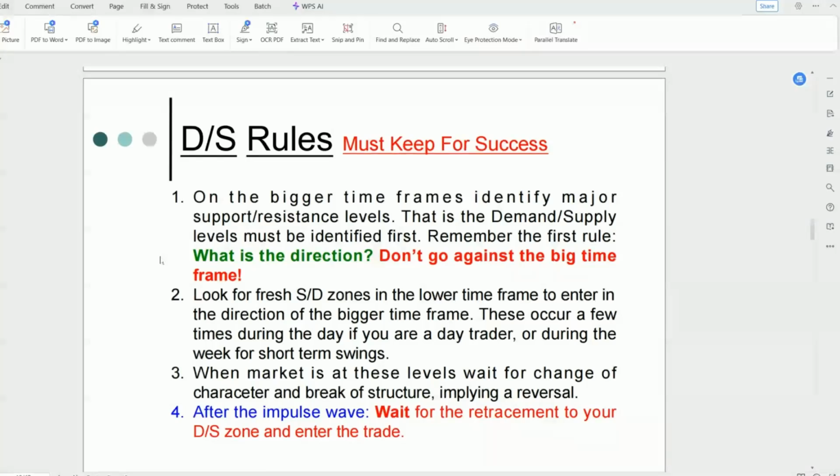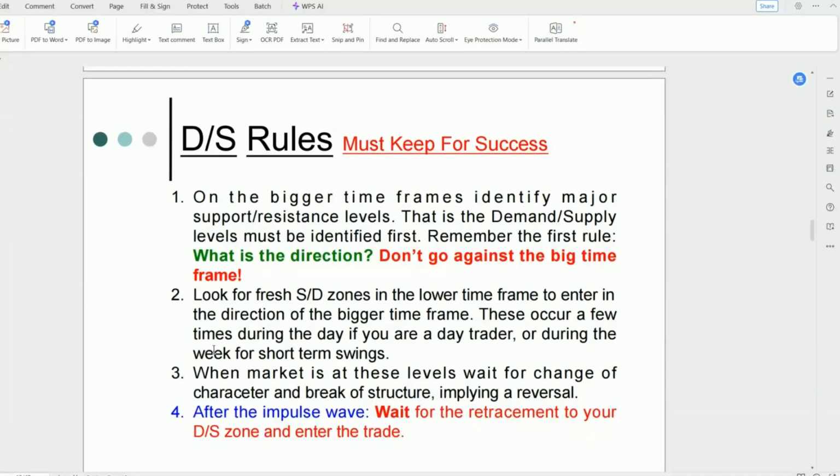Sometimes I do break that rule simply because I know swing days and swing hours, and the risk is reduced tremendously then. Look for fresh supply and demand zones in the lower time frame to enter in the direction of the bigger time frame. Once again, this is only valid if you're not using timing. If you're using swing days and hours, you can be flexible.